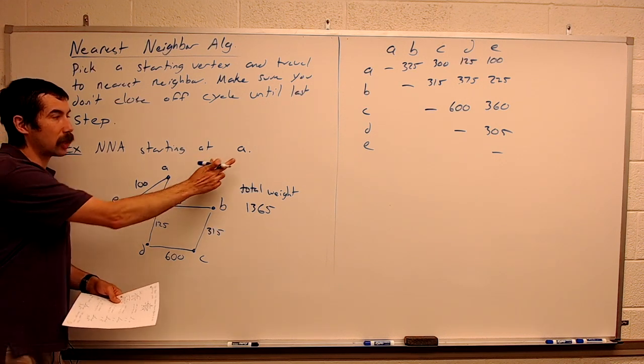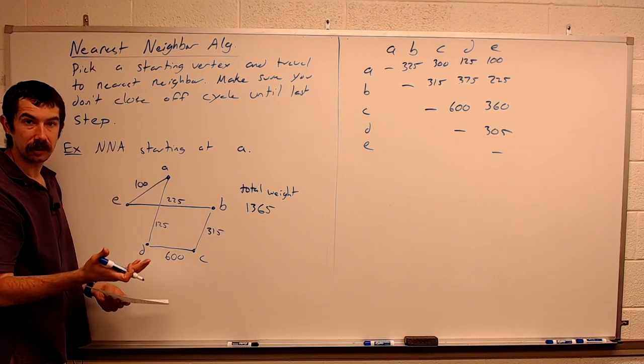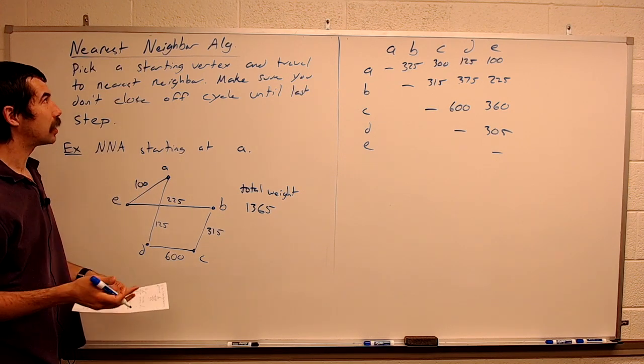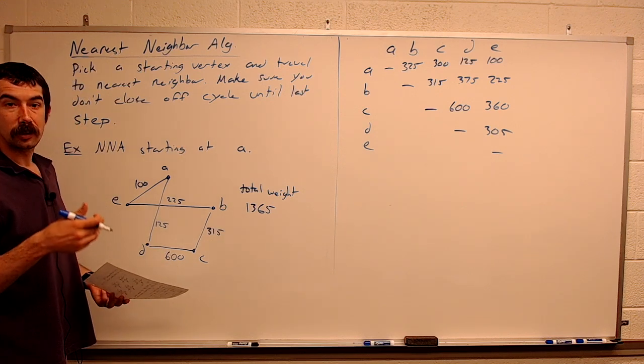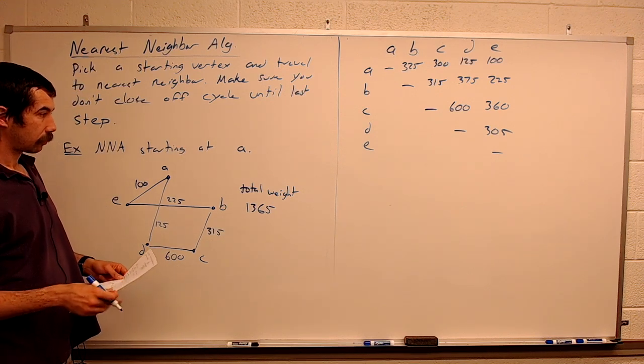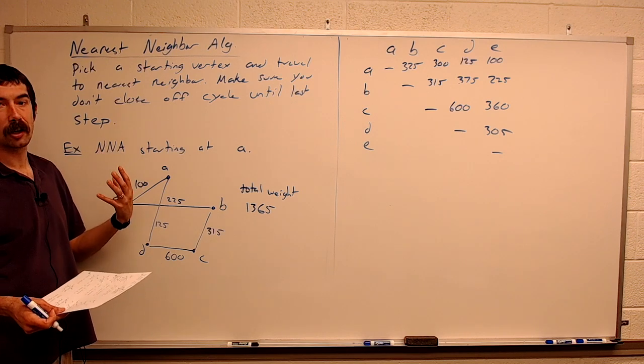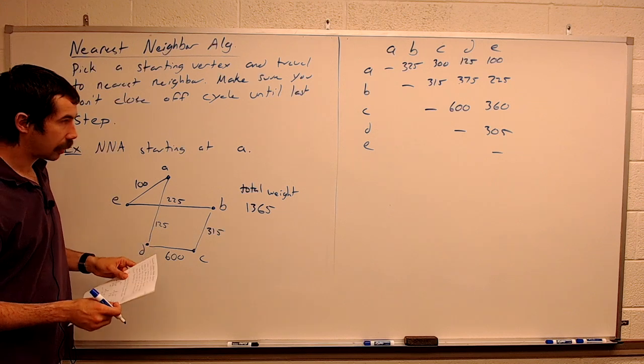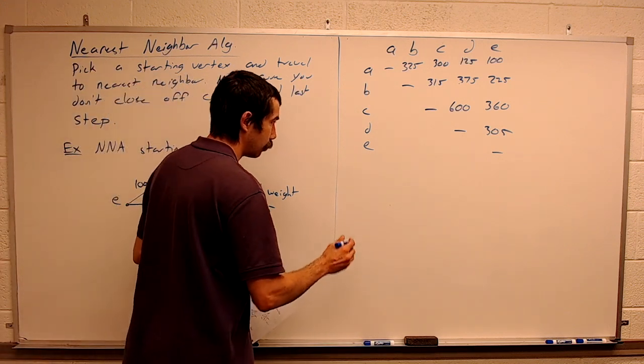So our choice of starting vertex actually matters. And so one way to adjust for this is to do something called the repetitive nearest neighbor.